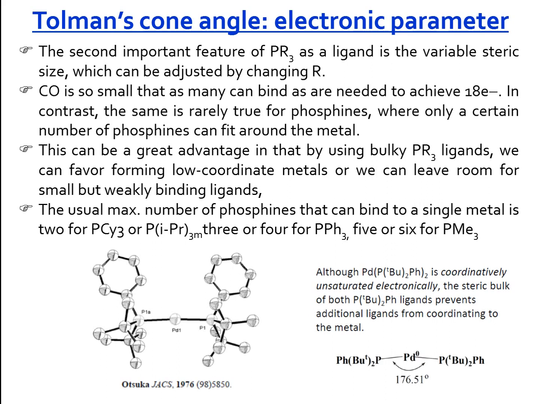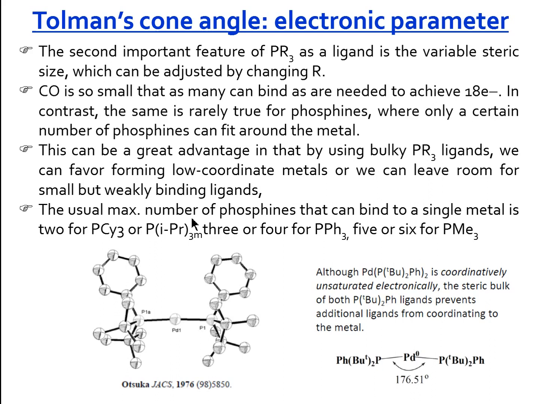If we have a vacant room around the metal M, it can be occupied by this bulky phosphine, and when you want to add a ligand, it can simply replace this bulky phosphine. So we can say in organometallic chemistry that bulky phosphines are good leaving groups of the organometallic complex.